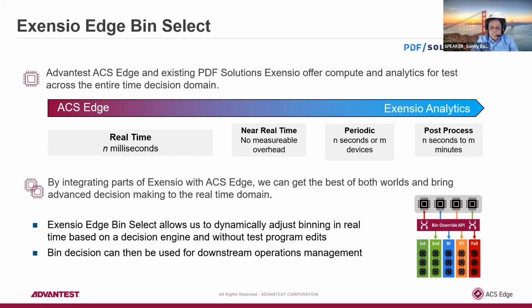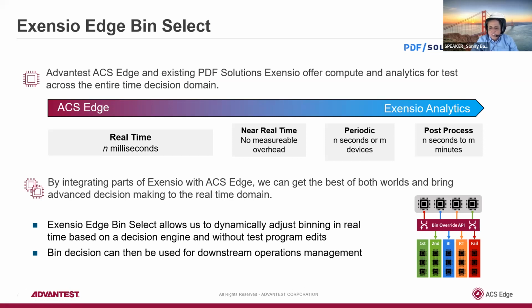In the past, you would have to change the test program to put this machine learning inside it. And you can use it to improve your downstream operations. What does that mean? Downstream, if you are doing wafer sort and you want to improve your burn-in capacity or your test capacity or your test quality, you can make those decisions by predicting what it should be based on the wafer sort performance. And that's, I think, the beauty of it.